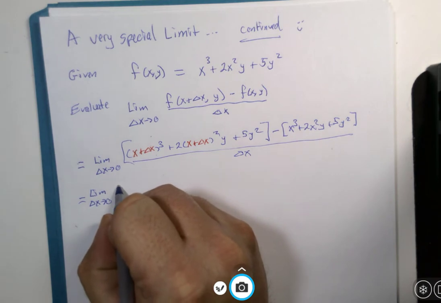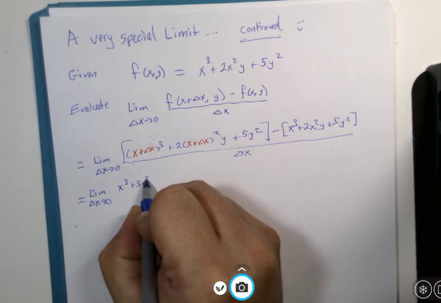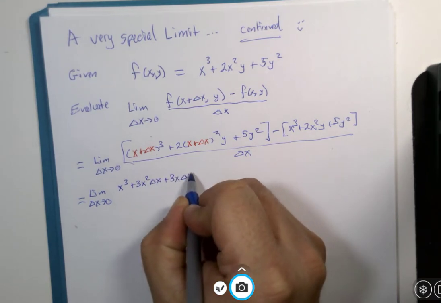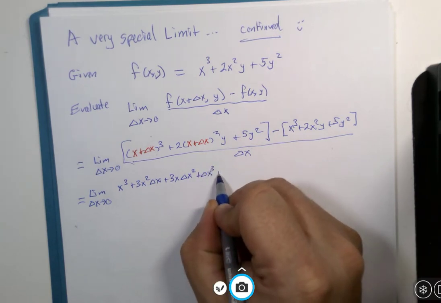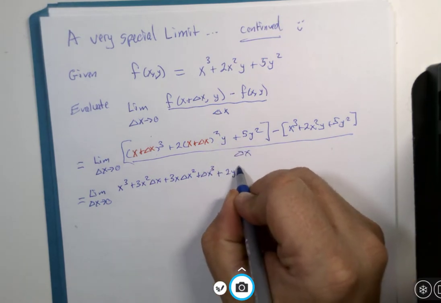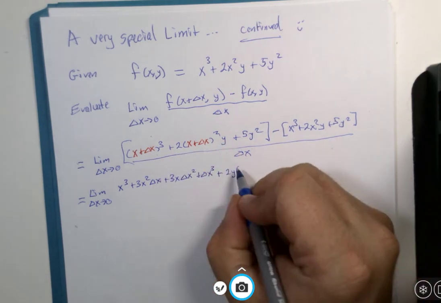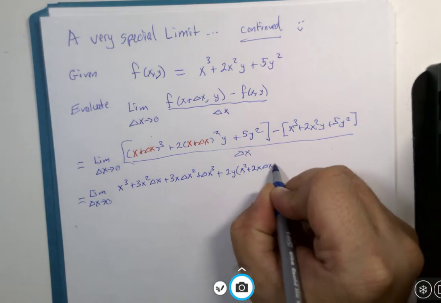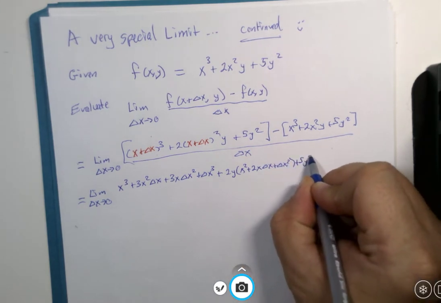We have here x cubed plus 3x squared delta x plus 3x delta x squared plus delta x cubed plus 2y times, I'm going to distribute it later because of the extra term over here, x squared plus 2x delta x plus delta x squared plus 5y squared.